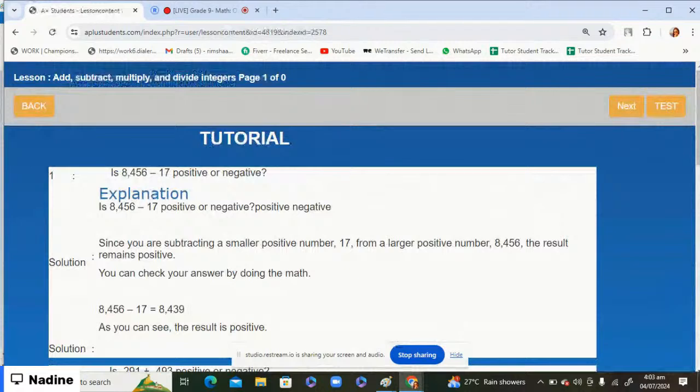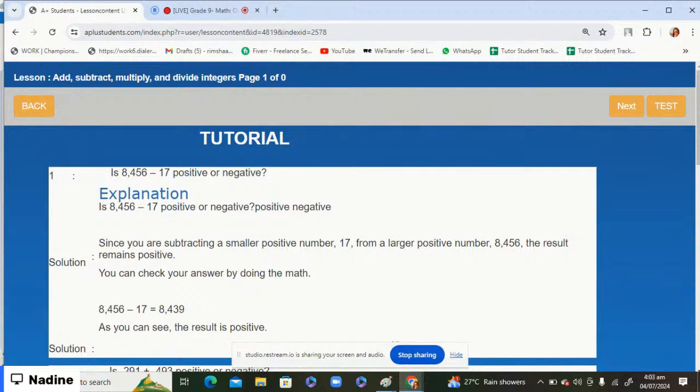So first of all, add, subtract, multiply and divide the integers. You have to remember one thing. For example, if there is subtraction, and one integer is positive and one integer is negative, okay?